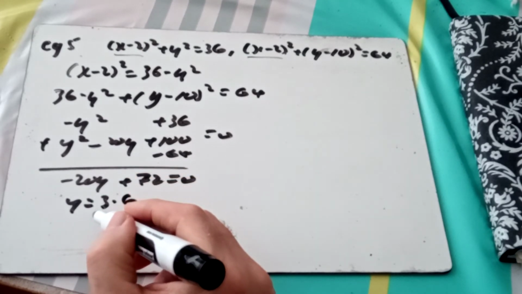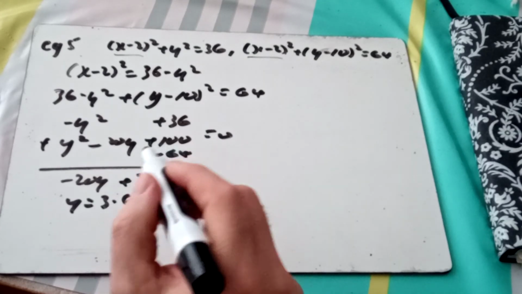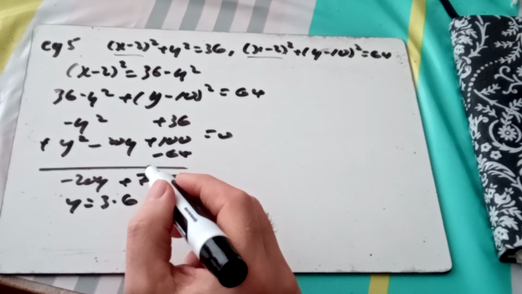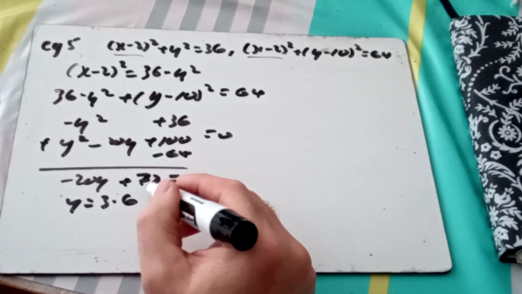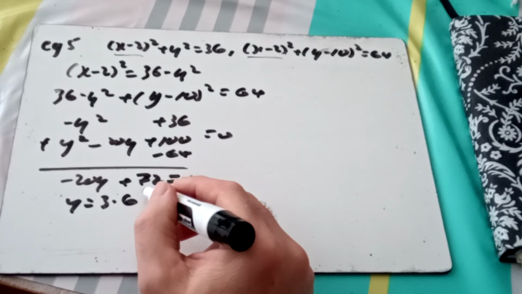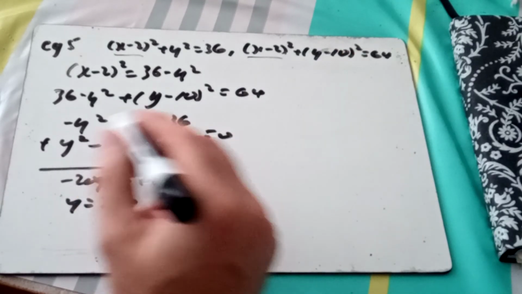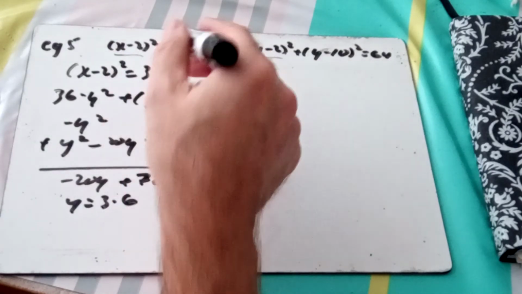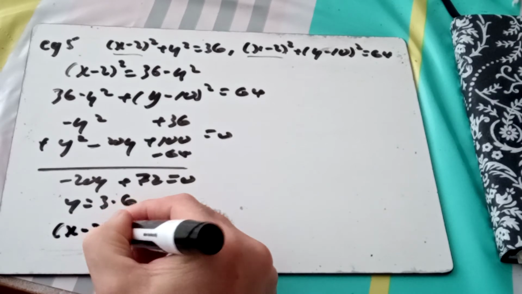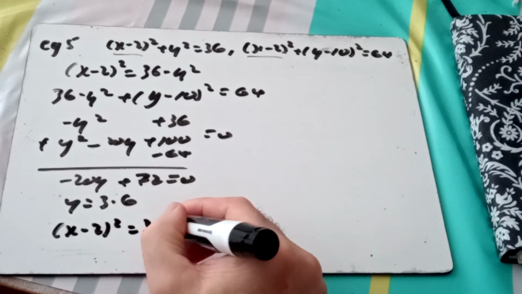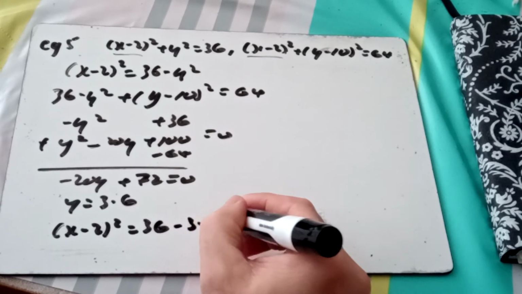And x then, I'm going to get two different x values, because when I stick in 3.6 into that, which is 18 over 5, when I put it into either one of these, let's put it into that one, that's the simpler one, it looks like. I get x minus 2 all squared equals 36 minus 3.6 all squared.